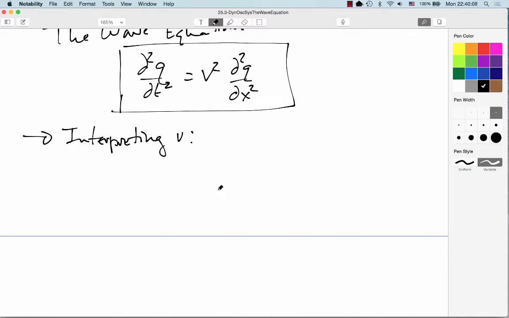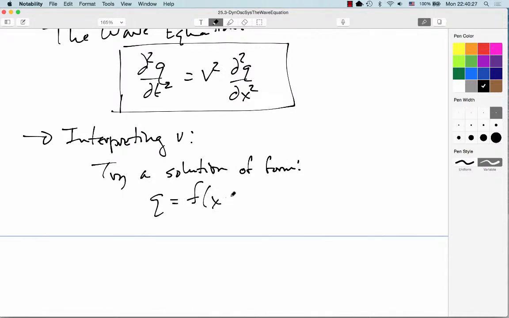So let's just start by trying a solution of the form q equals just some function f of x minus or plus vt.